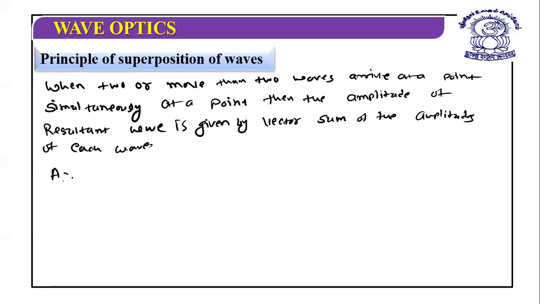That is, A is equal to under root A1 square plus A2 square plus 2 A1 A2 cos theta.